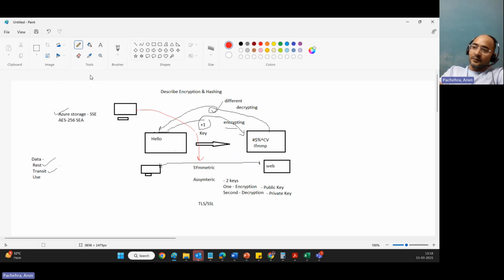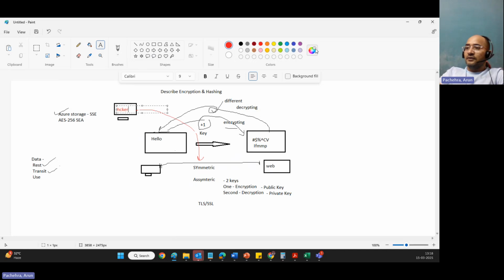If it is not encrypted and if this guy is successful, then you lose your information, right? We call it man in the middle, MITM. These kinds of attacks will fetch or get your information and your system will be compromised.